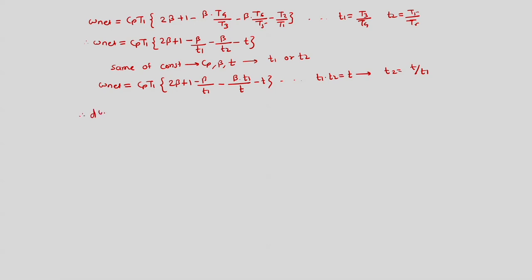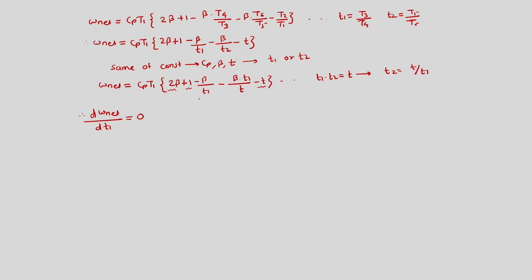Now let us differentiate this W net with respect to T1 and see what we get, and equate it to 0. So the differentiation for this term and also this term will be 0.